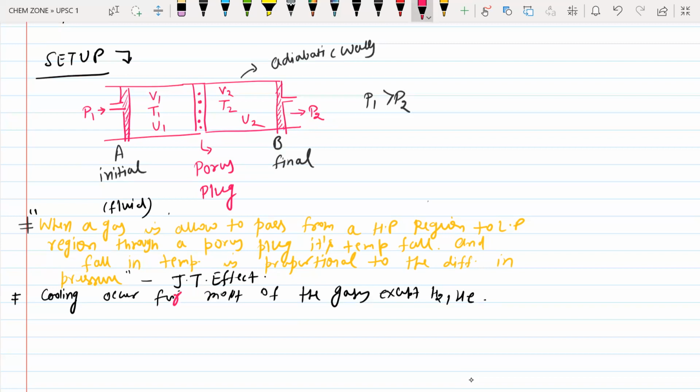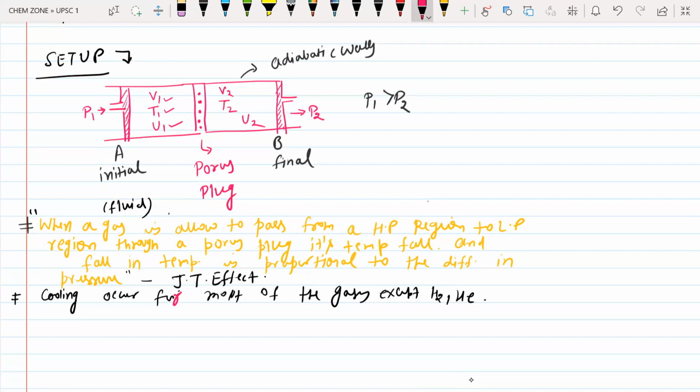Now, for understanding this point, we assume a setup. There is a position A, which we consider as the initial position of the piston. In this part of the chamber, we take a gas having volume V1, initial temperature T1, and internal energy of gas taken as U1.